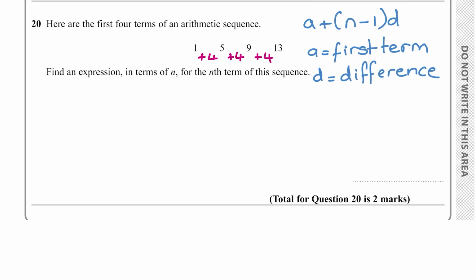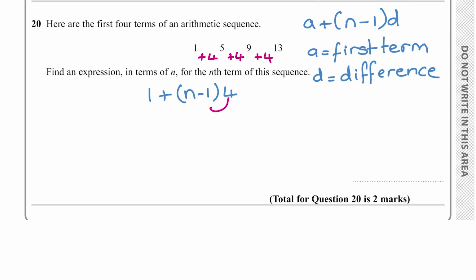So if we put those values in, our first term, that's 1. So that's A. So 1 plus, and we do our bracket, n minus 1, and the difference is 4. So we've got to multiply everything in the bracket first by 4, going the other way. Remember, wherever you've got a number next to a bracket, there's an invisible multiplication sign, but you've got to multiply everything.